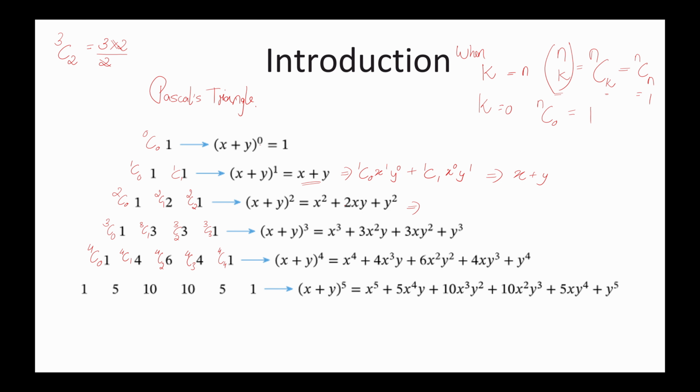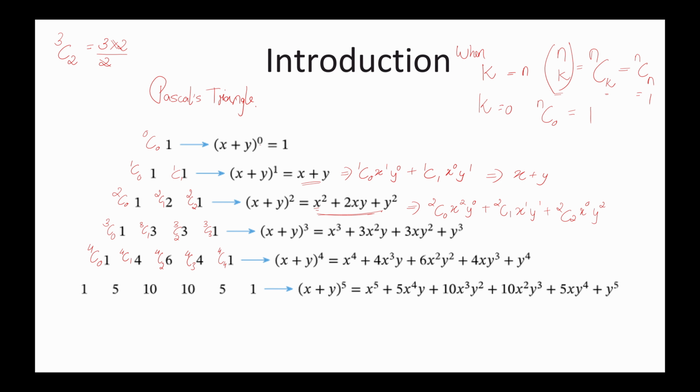Now if I was to write down this equation, how can I write this down? This would become 2c0 x to the power 2 y to the power 0 plus 2c1 x to the power 1 y to the power 1 plus 2c2 x to the power 0 y to the power 2. And if you look at this, the equation exactly turns into this one. 2c0 is 1, y to the power 0 is 1, so we are just left with x square.